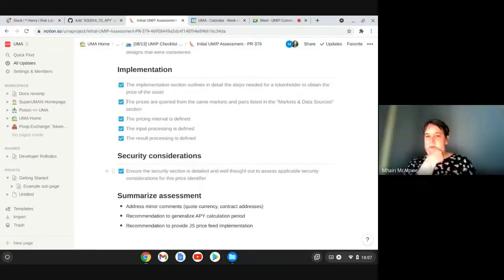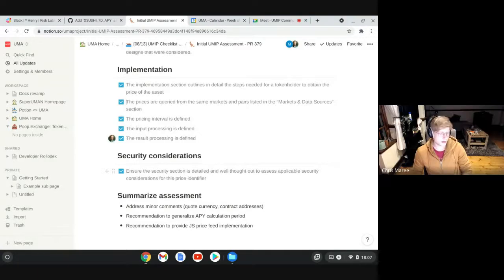Sounds sensible. Would we say it's a blocker, Chris? I think it's less of a blocker than not having an implementation in JavaScript. With these kinds of things, like John's point about us being able to run dispute bots and other people in the community, that is more important than how generalized it is. In my opinion, that's a blocker. But I'm not sure what everyone else thinks.